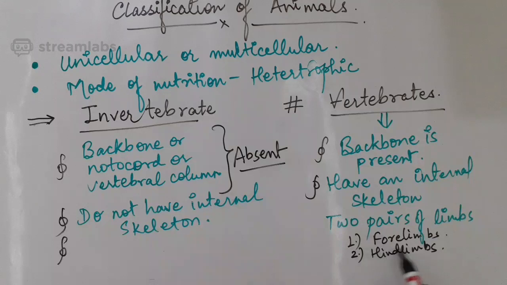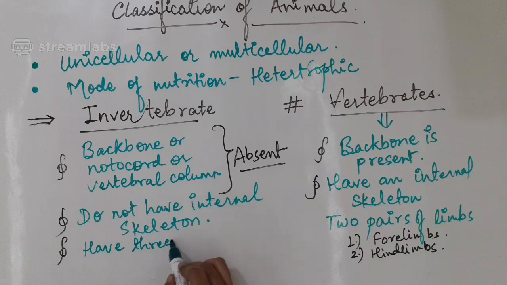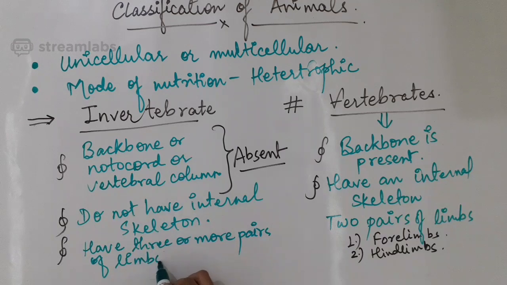Forelimbs and hind limbs, like in your own body, two are hands and we have two legs, hands and legs. Invertebrates have three or more pairs of limbs, if any. If any means if present. Okay.